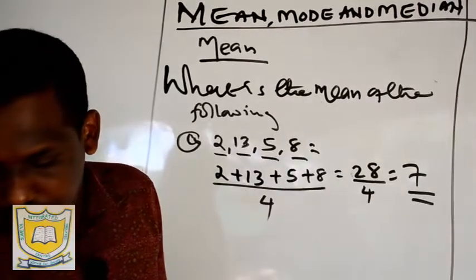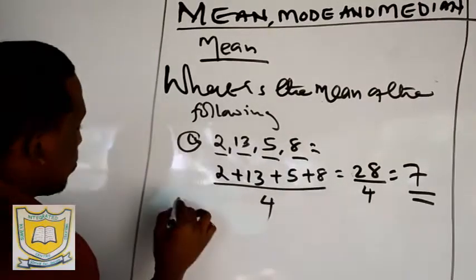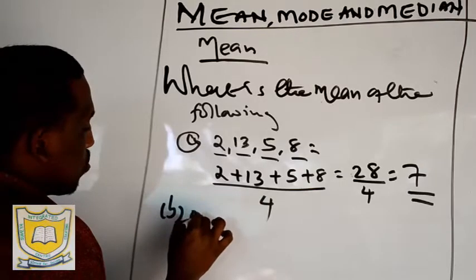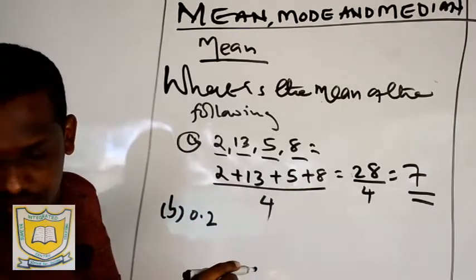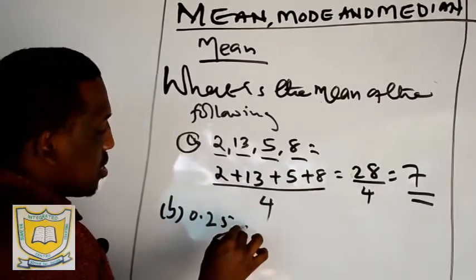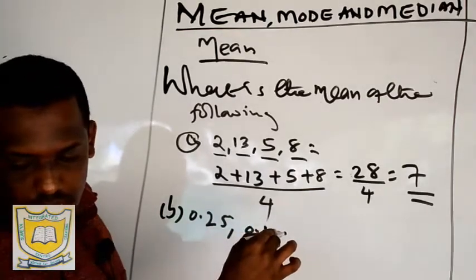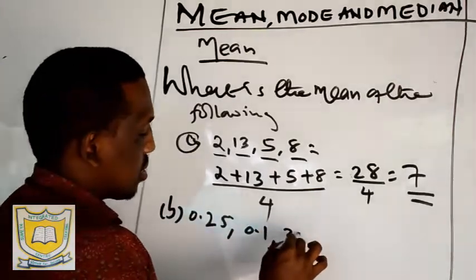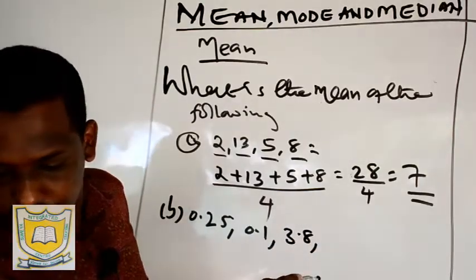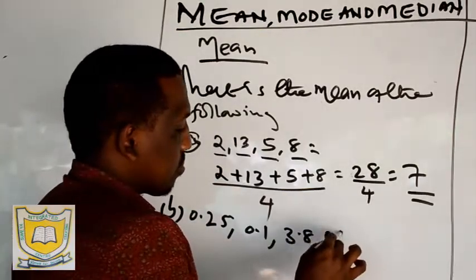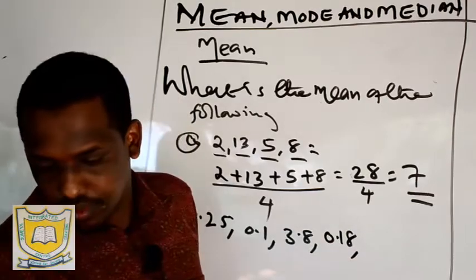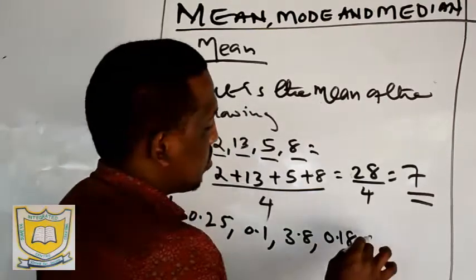Another one, question B: 0.25, 0.1, 3.8, 0.18, 20.72.